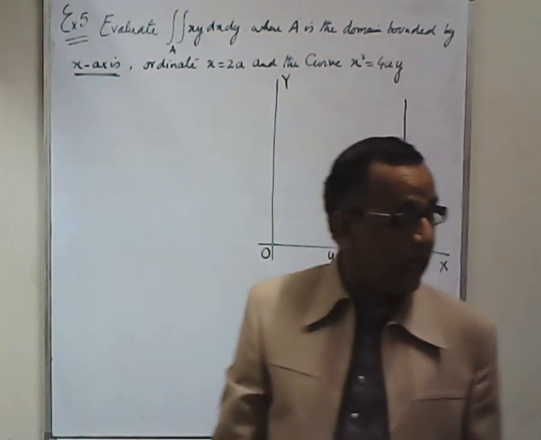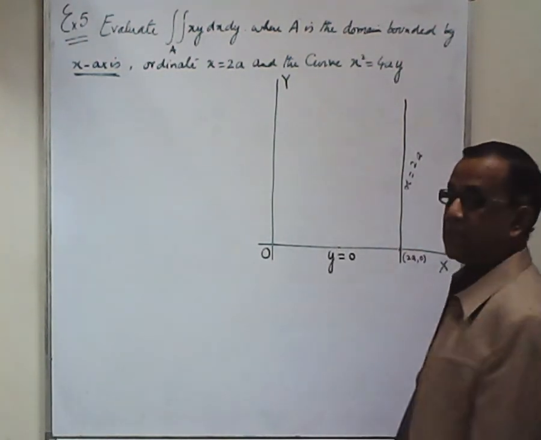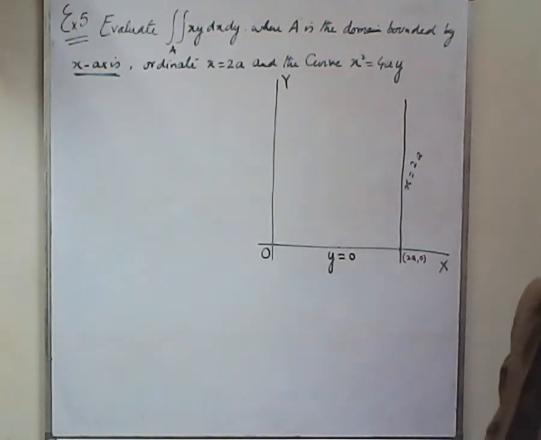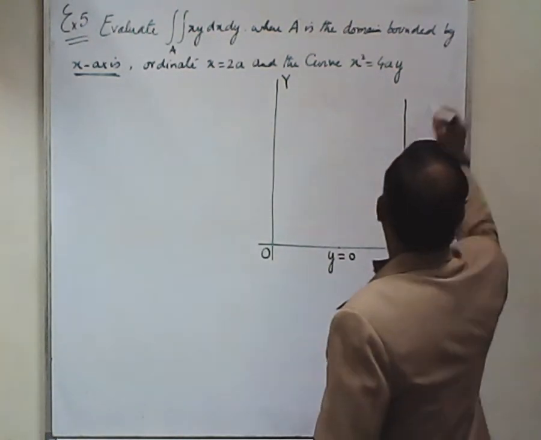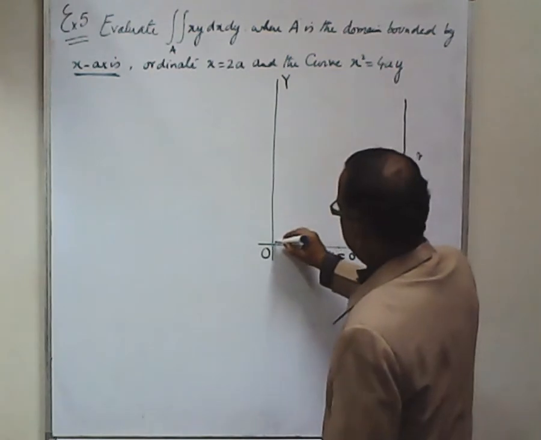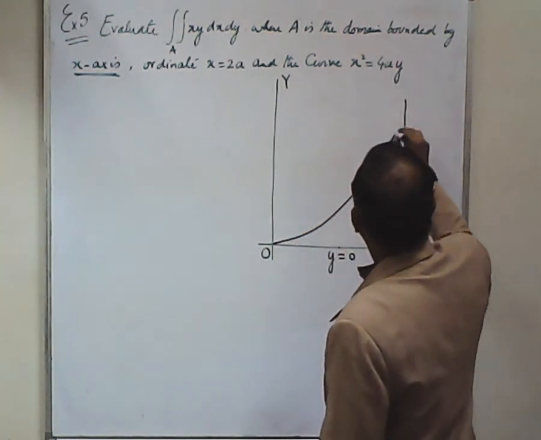And then we have the curve x square is equal to 4ay. So if I draw this, it will be almost like this one.